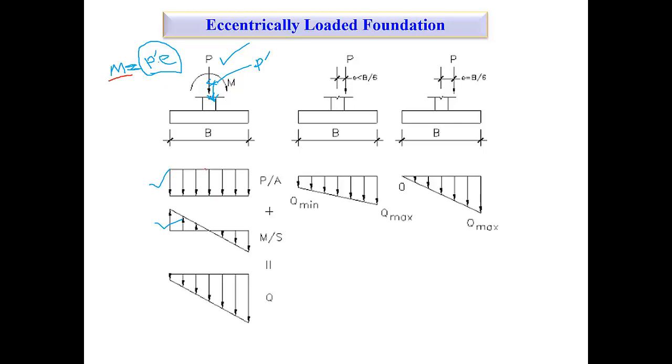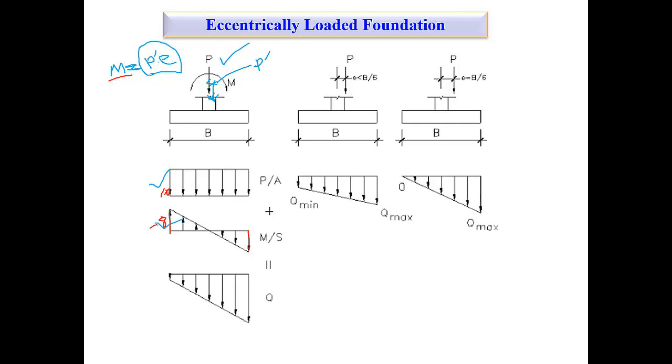Okay, so due to this P we get this uniform stress, and due to this P prime, which is an eccentric load, some rotational force develops, that is the bending force. Due to this it develops some flexural stress. This is in tension and this is in compression. If you add these two, suppose this is 8 and this is 10, this is minus 8, why?